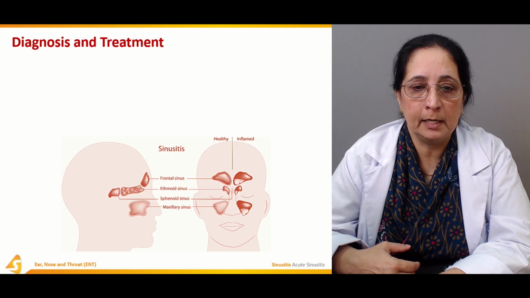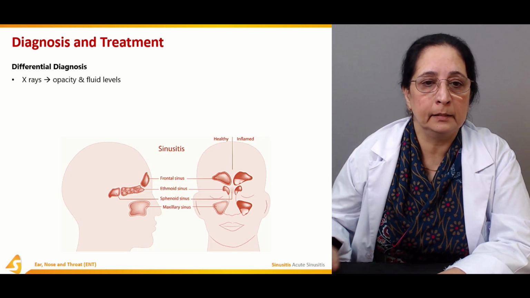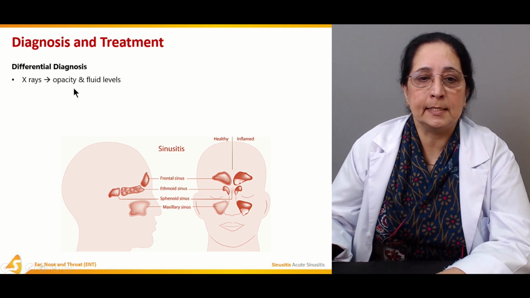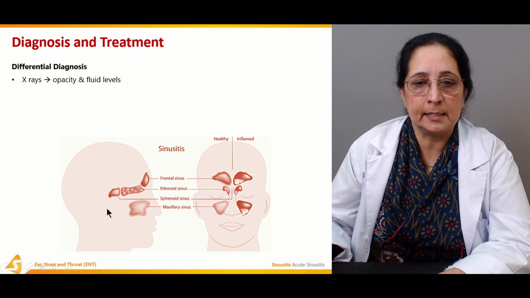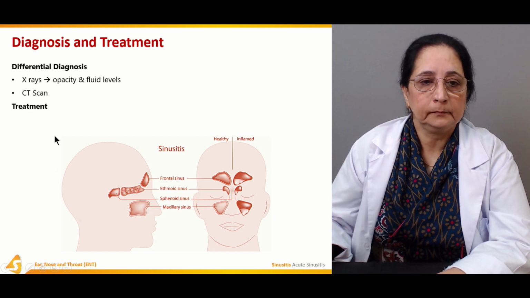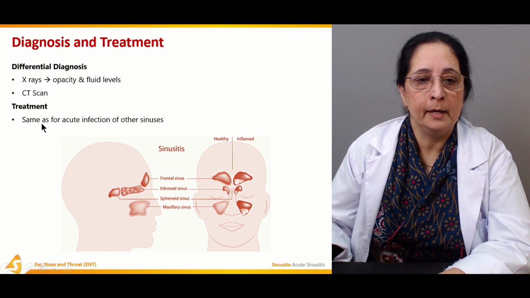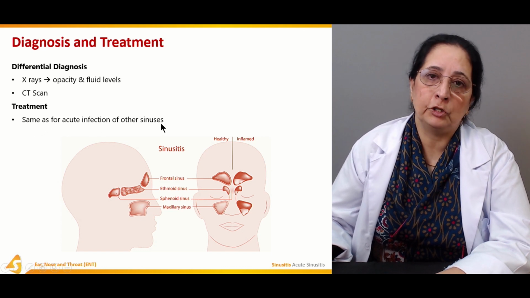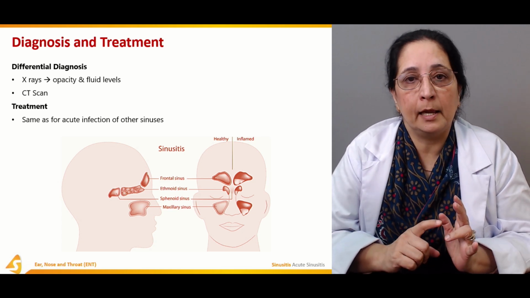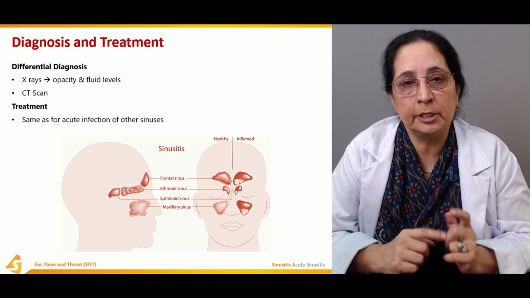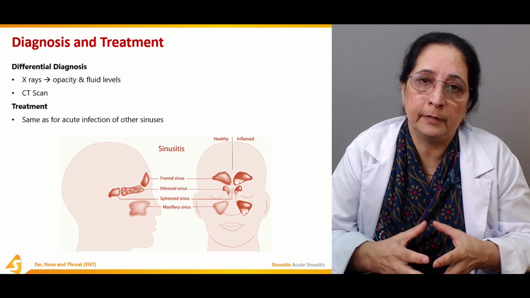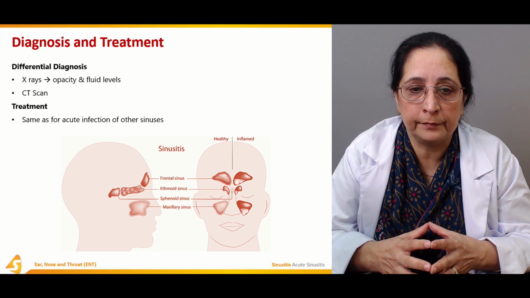Diagnosis and treatment: we diagnose by X-ray, which shows opacity and fluid levels in the sinus, and CT scan is also performed. Treatment is the same as for acute infection of other sinuses, which is antibiotics, antihistamines, decongestant, and painkiller, depending on the presentation and condition of the patient.